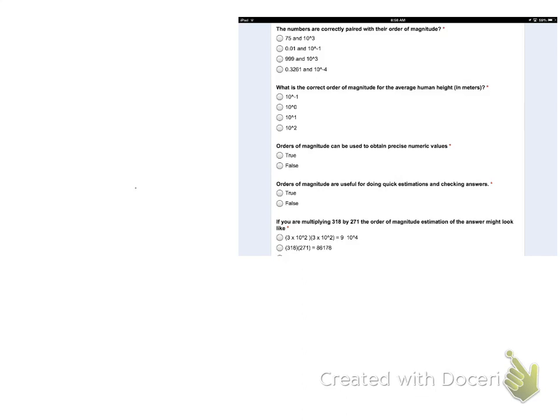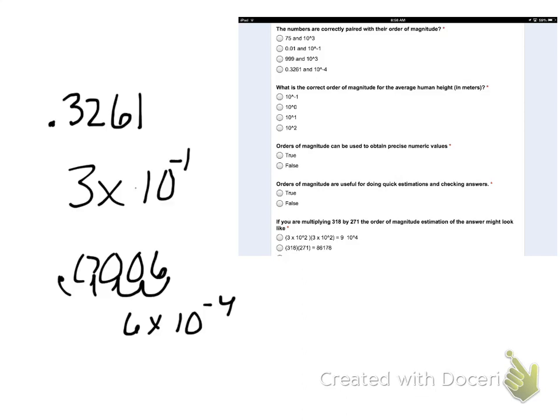Can magnitude be used to obtain precise numeric values? No, of course not. Quick estimations and checking answers, yes. And if we look at that last one, multiplying 318 by 271, the order of magnitude estimation of the answer.